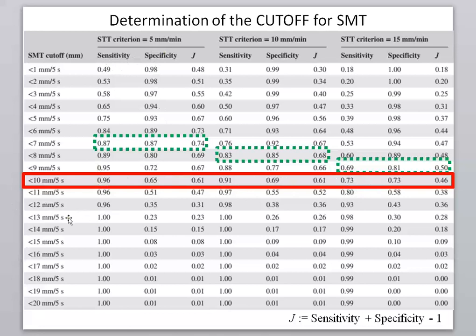And of course, there is no meaning to think about this region because sensitivity already reached 1, no increment anymore. Let's ignore this region. Also, Ewing index determination suggested 7, 8, or 9, around here. So we don't need to think about the values below 7 millimeter.